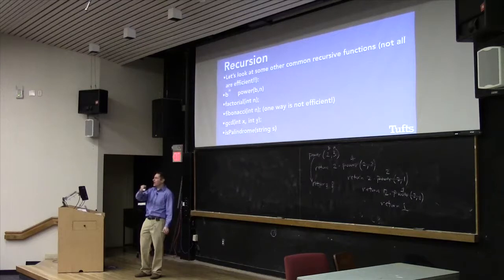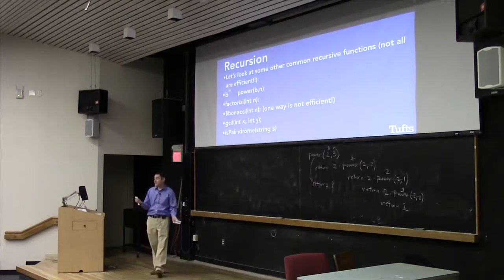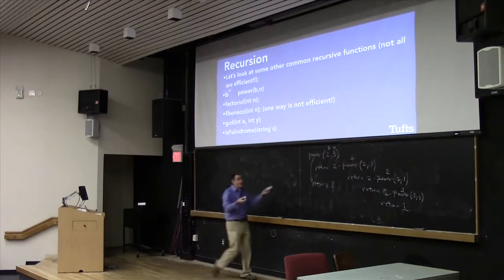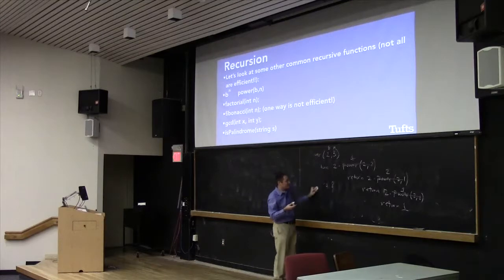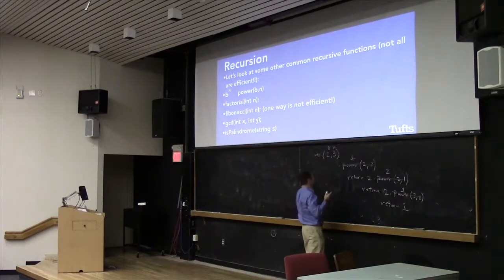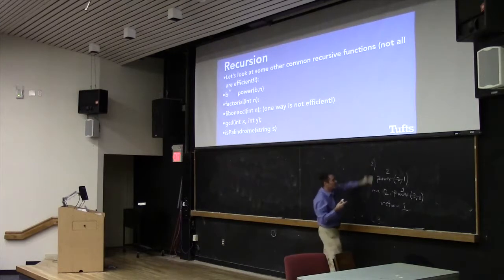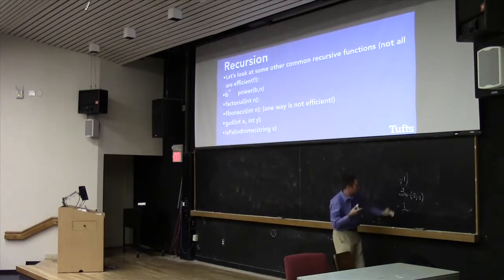If the last line in your recursive function is return whatever, the compiler can very easily turn that into an actual loop that doesn't do any of this recursion. Then why do we bother writing in recursion? Because it makes it easier to understand in some cases. That's the beauty of it. And if the compiler can figure it out for us how to make it efficient, even better. That happens to be called tail recursion, by the way, when the last thing you do is return. And it's very easy to turn that into a loop.